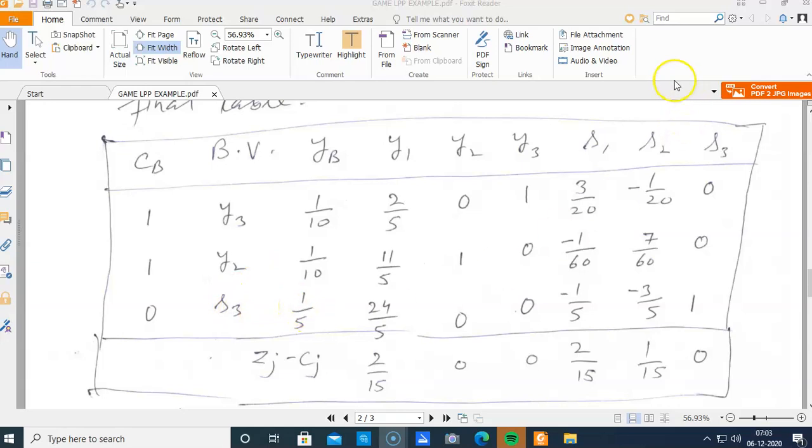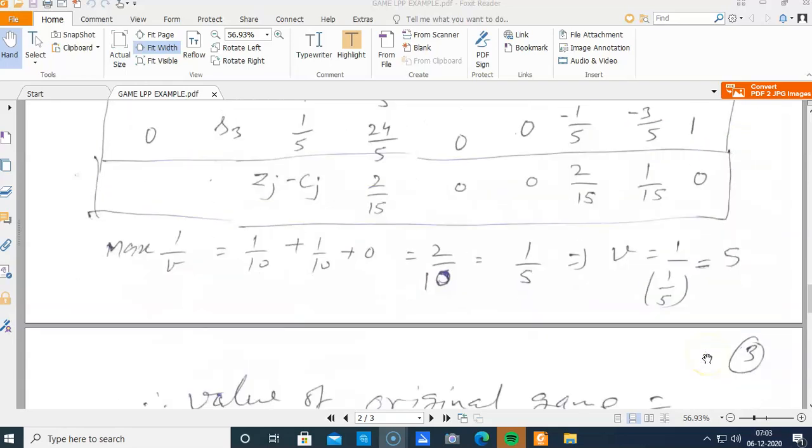Similarly, we can read the solution of the other player from this table by the principle of duality: the values of zj minus cj under the slack variables are the values of the decision variables of the other problem. That is, here we can see x1 equal to 2 upon 15, x2 equal to 1 upon 15, and x3 equal to 0.